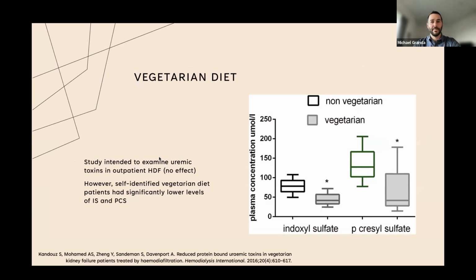And so they report these results showing that those on a vegetarian diet did have significantly lower levels of indoxyl sulfate and p-cresol sulfate. That being said, there are specific limitations of the study. The power was somewhat limited, and the effect might have just been due to lower protein intake overall, which wasn't specifically measured in this study.